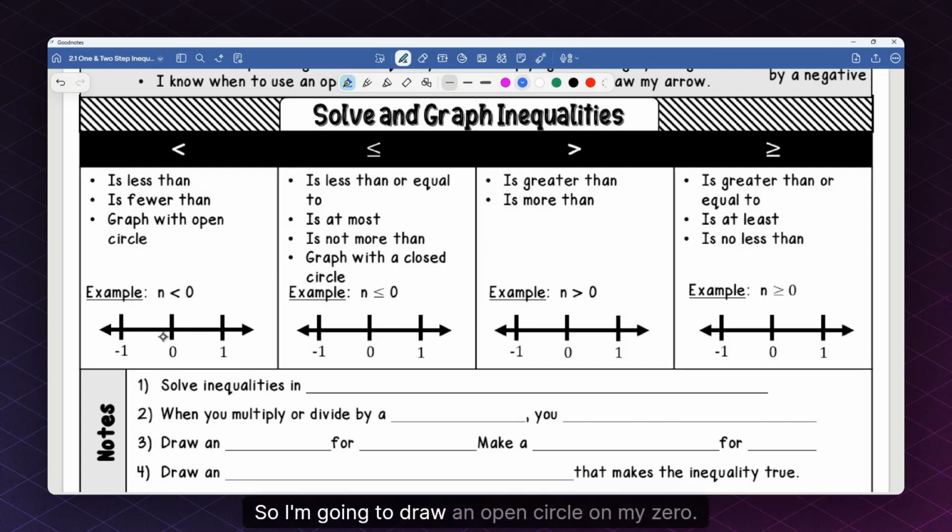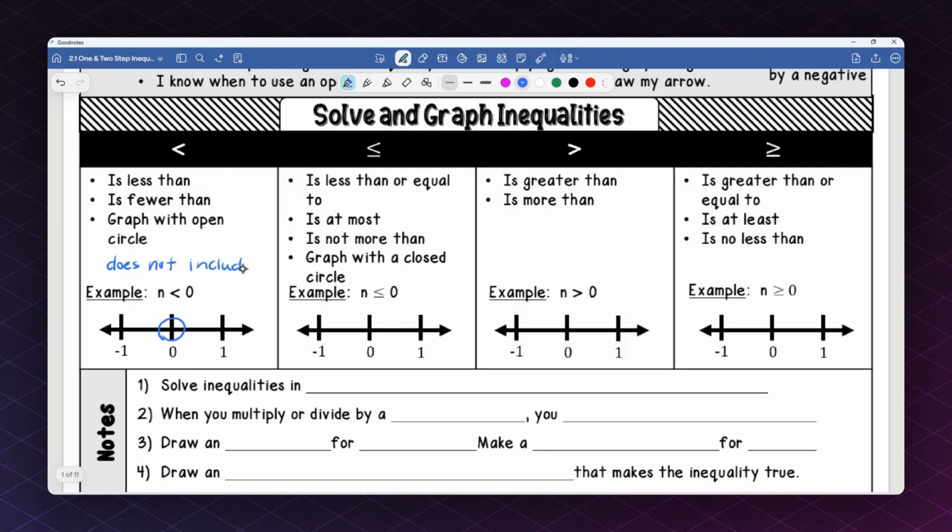So I'm going to draw an open circle on my 0. That open circle means that it does not include that number. So when it's open, it's including everything up to that, but not that number exactly.